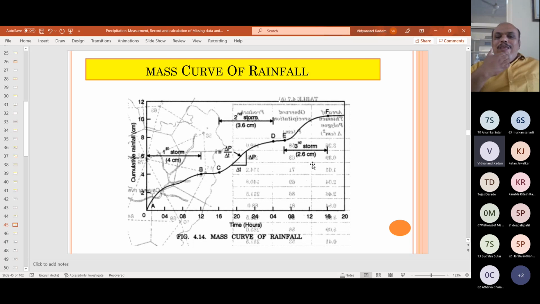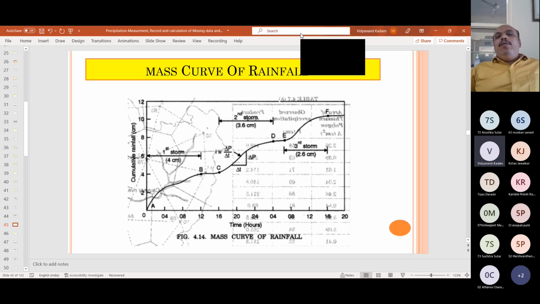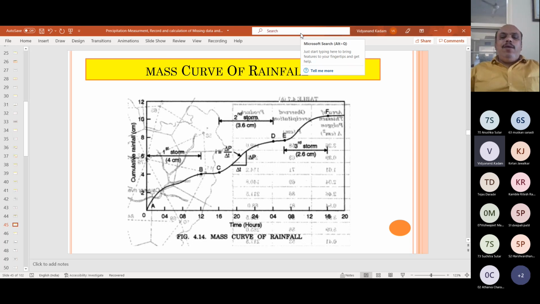So this is how the mass curve of rainfall is useful in getting information about rainfall spells and dry spells. Also we get information on the total rainfall value, the intensity at any point, and the dry spell duration.